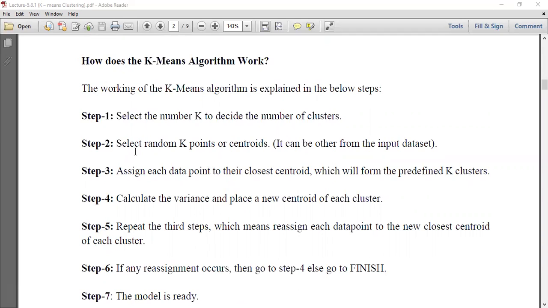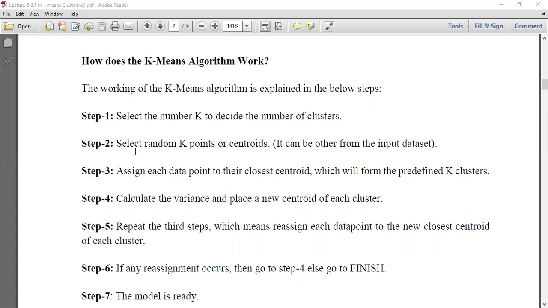Then step 3, assign each data point to its closest centroid, which will form the predefined K clusters. Next, step 4, calculate the variance and place a new centroid for each cluster.